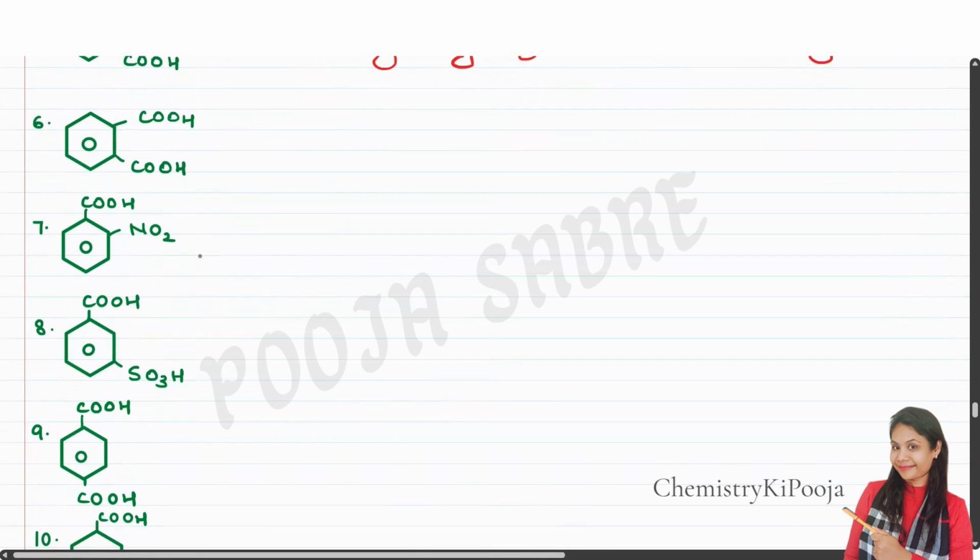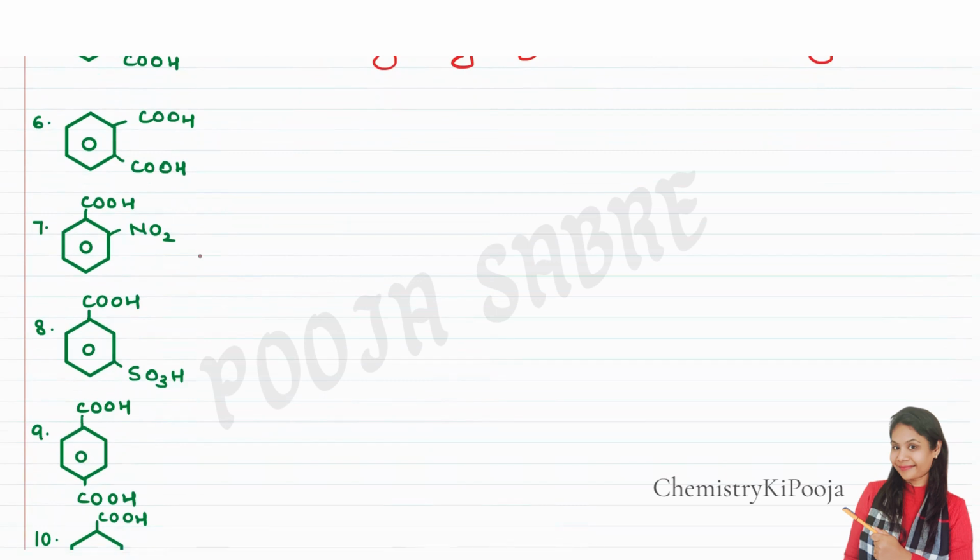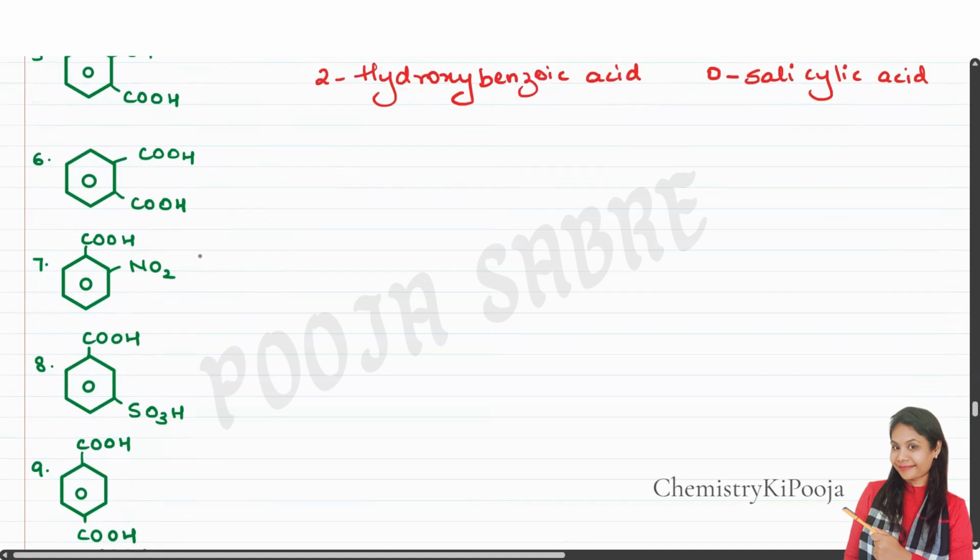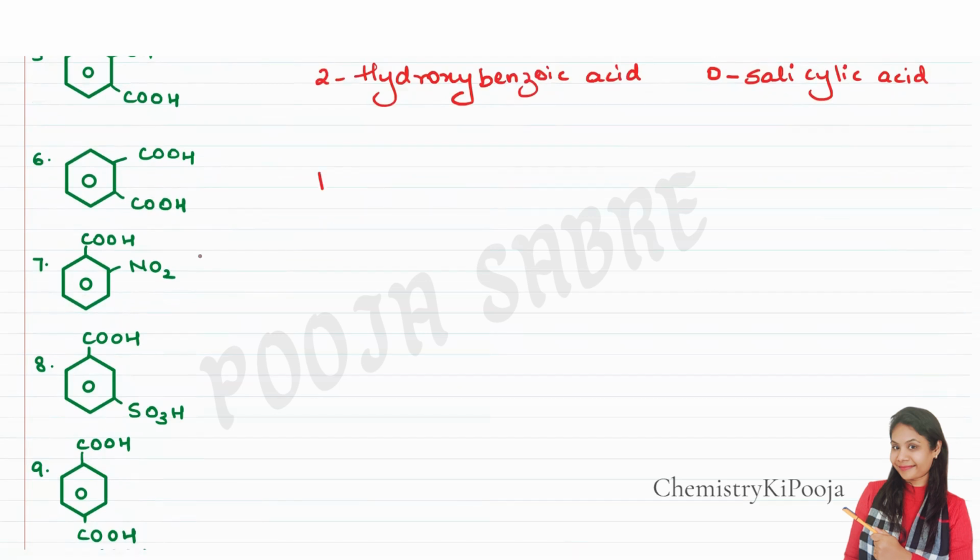In the next question, we have 2 COOH groups. So if there are 2 COOH groups, then I will name this benzene first. Then on the first and the second position, we have 2 carboxylic groups, right? So dicarboxylic acid.